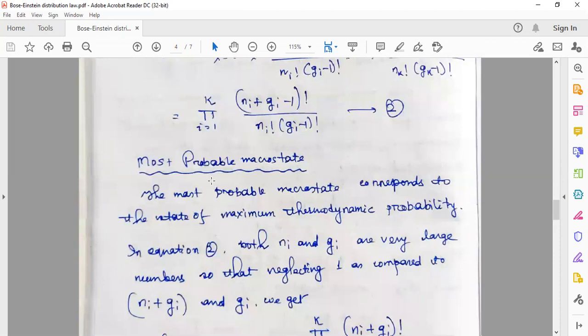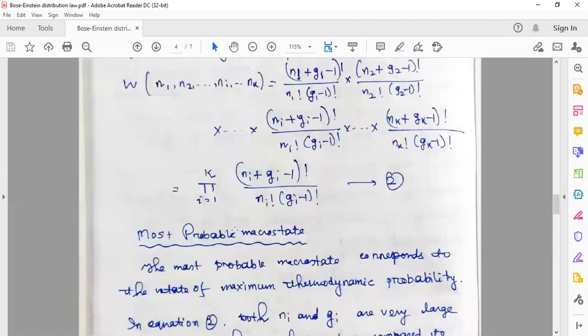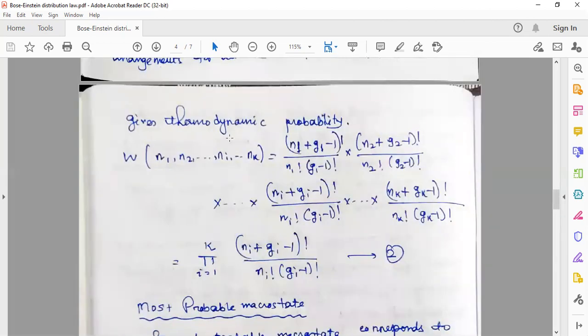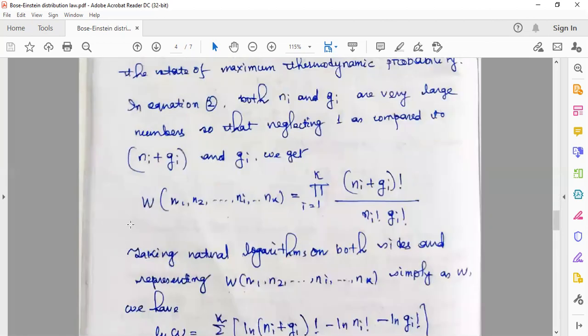So in equation 2, both Ni and Gi are very large numbers, so we neglect the 1. If Ni, the number of particles in the ith compartment, and Gi, the number of cells, are much larger than 1, then how can we write the expression for thermodynamic probability W?